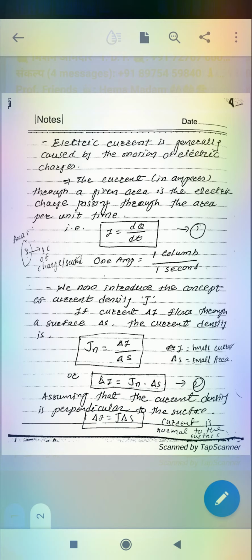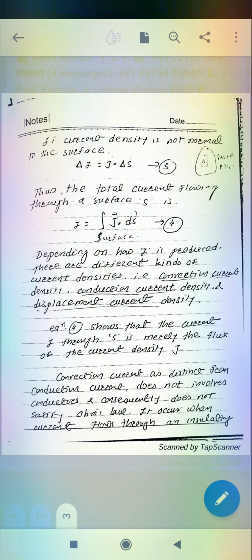Perpendicular means the current density is perpendicular to the surface: if we consider a small surface area, how is the direction of the flow of charge to that area? If it is perpendicular, then delta I is equal to Jn into delta S. If it is not normal to the surface, then the current is defined as delta I equal to J dot delta S. That is equation third.